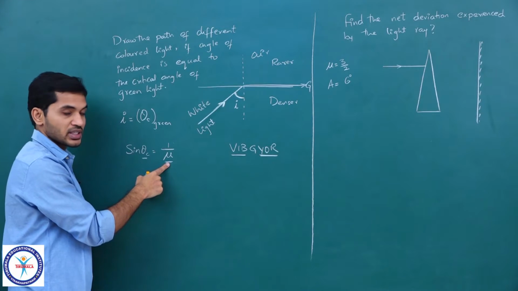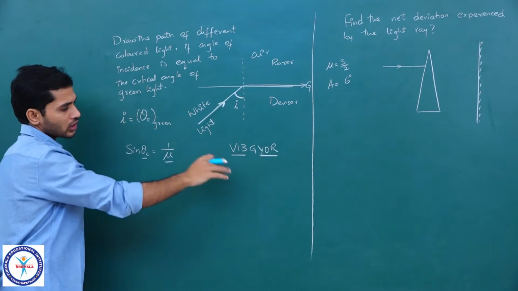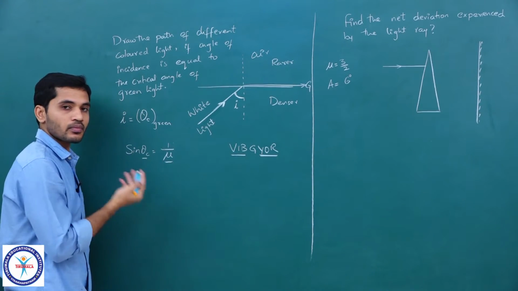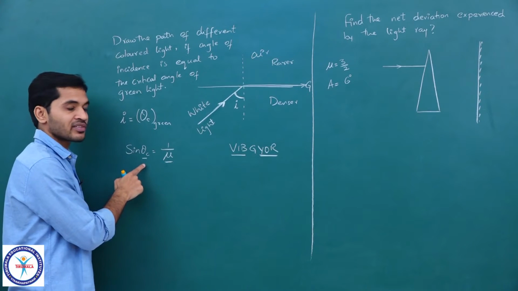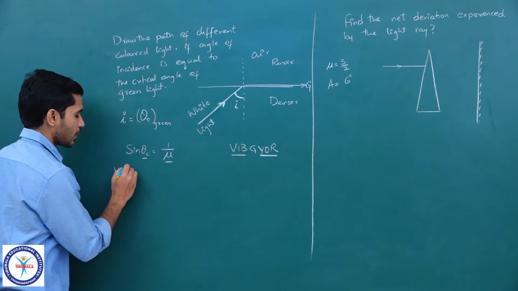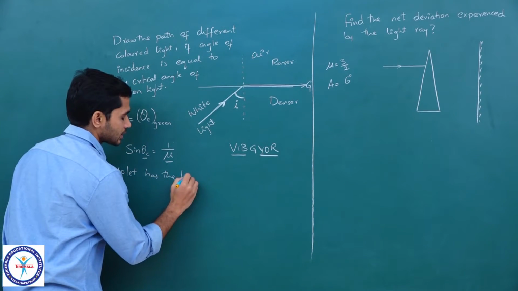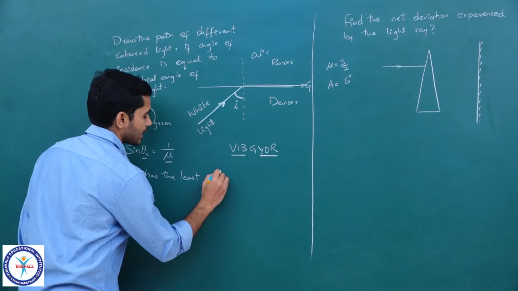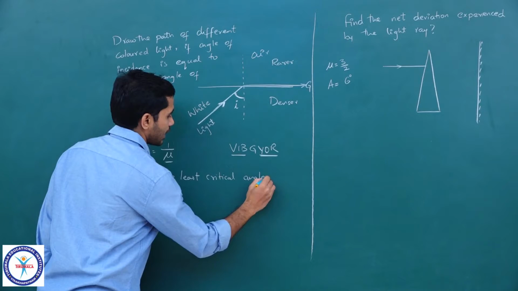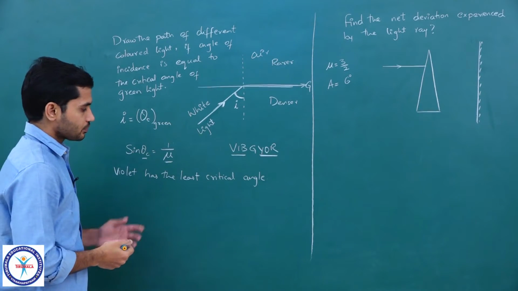So, out of all the colors which I have, which one has the highest mu? Violet. So, violet is the one with the least theta c. We can say that violet has the least critical angle, correct.